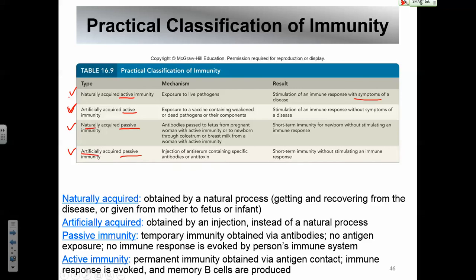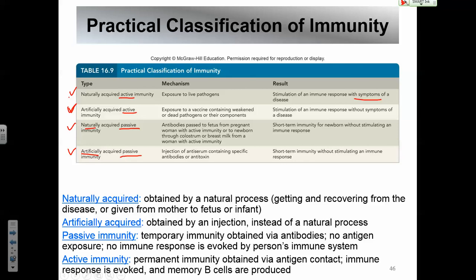Natural, artificial. The natural way, we've already talked about one example of the natural way is a nursing baby. They're getting antibodies in the mother's milk, right? The baby's not protected long term with that. It's just temporary because they don't have a clone of cells for it. It's just temporary immunity.